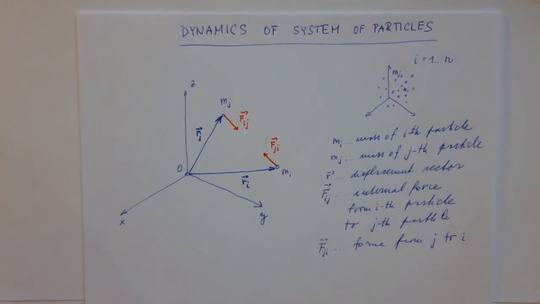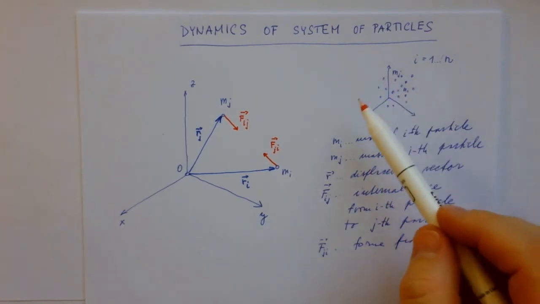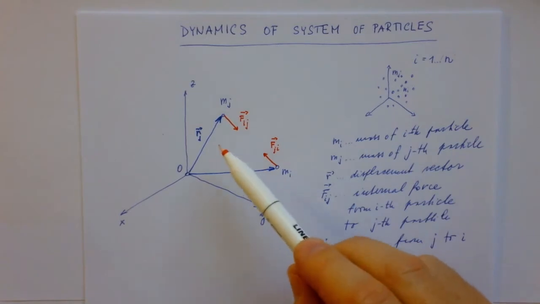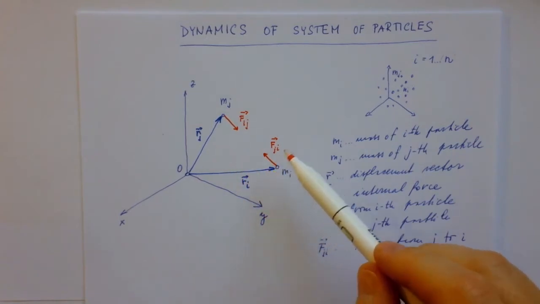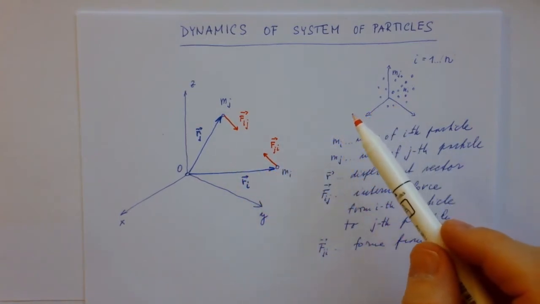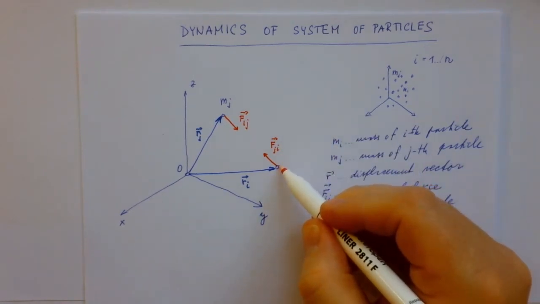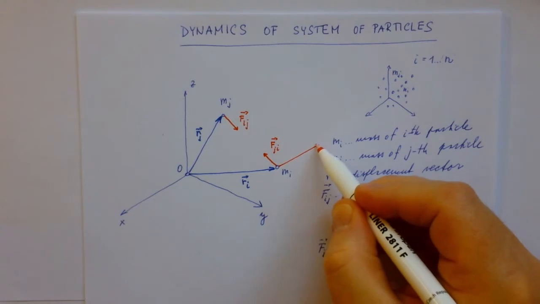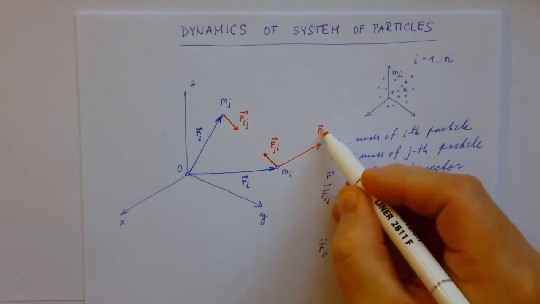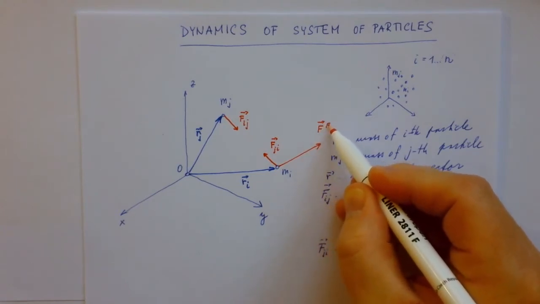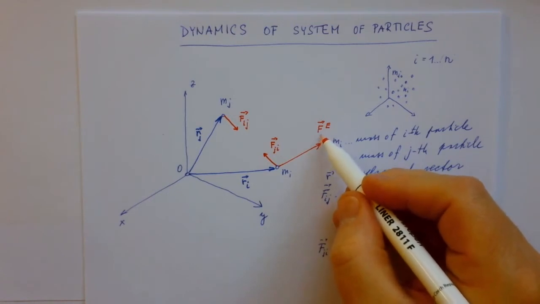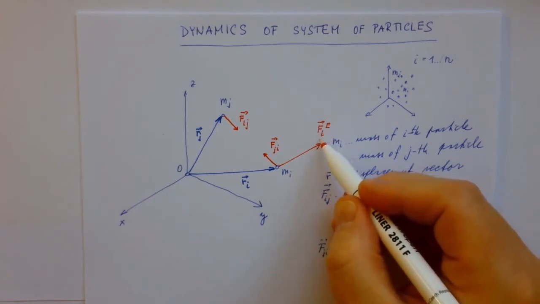Besides this, the system of particles is interacting with external space. So there can act some external force to this particle. For example, there is Fe as external to ith particle.